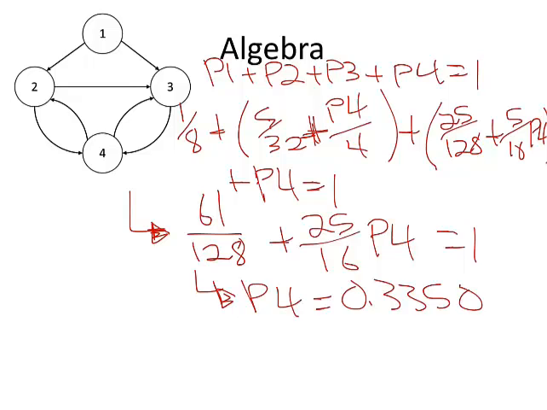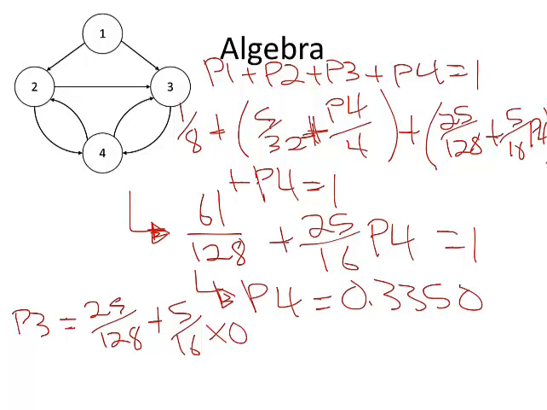Now, solving for the rest of the importance scores is really easy because we know already that P3 is equal to 25 over 128 plus 5/16 times 0.3350, which is equal to 0.3 exactly.